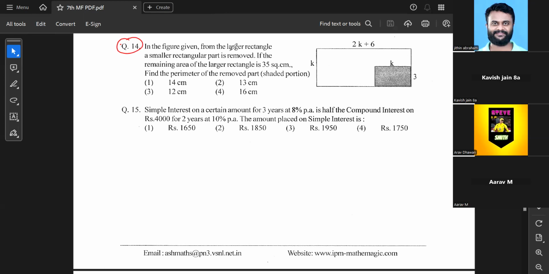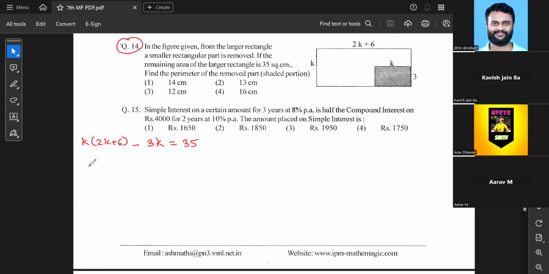So first of all, we'll have to solve this, what they have given. Larger rectangle minus small rectangle is equal to the remaining part. The area of the larger rectangle is length into breadth. In this case, it will be k multiplied by 2k plus 6, because it's the length and breadth respectively, minus the removed rectangle, k multiplied by 3, that is 3k, is equal to the difference between their areas, given as 35.